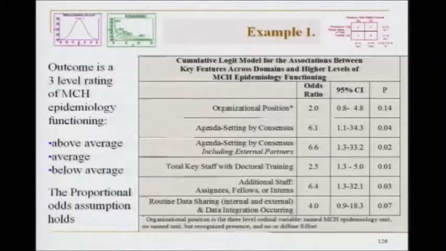So does that 2.5 stay the same for going from 0 key staff with doctoral training to 1 key staff, and from 1 to 2, 2 to 3? Well, remember, not many states had more, it was like a count variable between 0 and, I can't remember, something like 5.